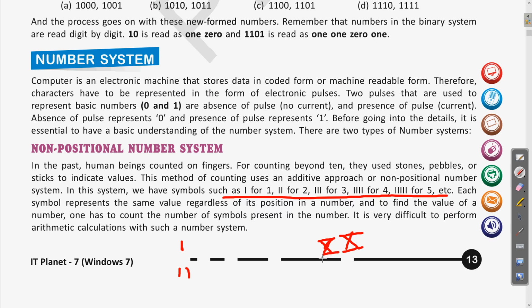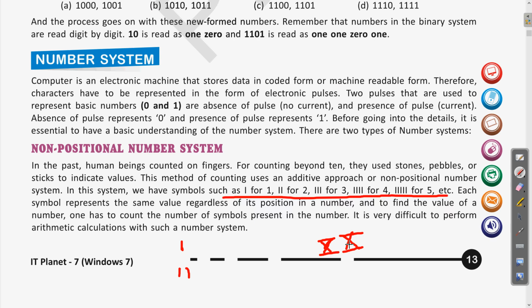If we take the unit place or tens place as we use in the decimal number system, is the right X any number of times of the left one? Is it happening? The answer is no. Why? Because here the value of the number doesn't change according to the position. All the values of the symbols are the same. These were the things prevailing in the non-positional number system.